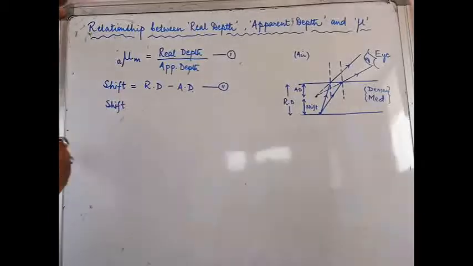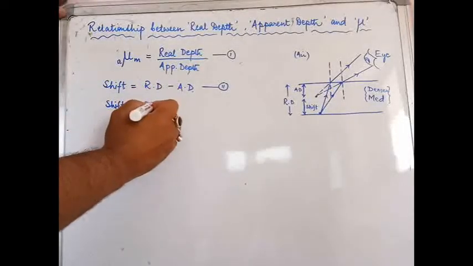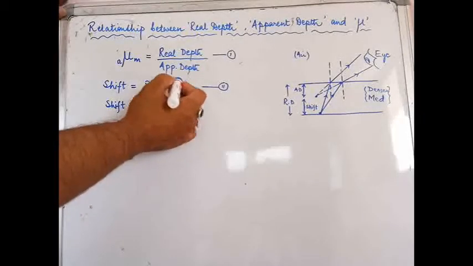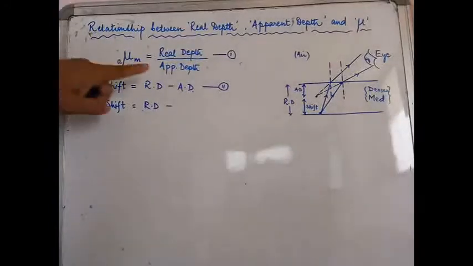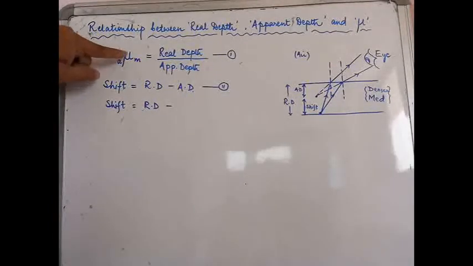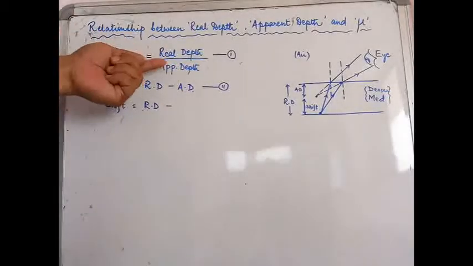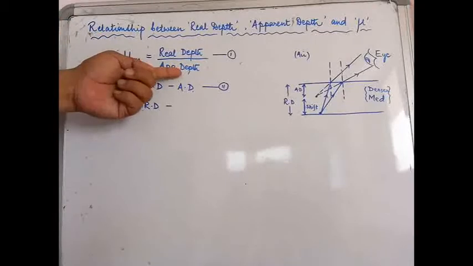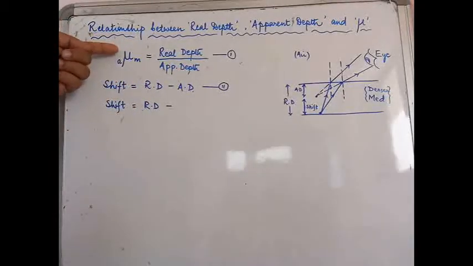You have shift is equal to RD, which is obviously the real depth, minus, now you see in place of this apparent depth, which is this in the first formula, apparent depth can be taken this side and refractive index can come this side simply by taking apparent depth to the left hand side. This is dividing over here. When it goes to the left hand side, it will multiply.